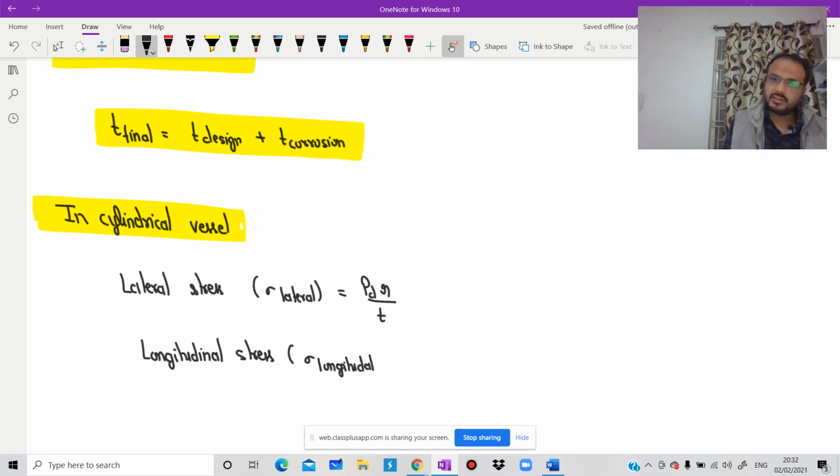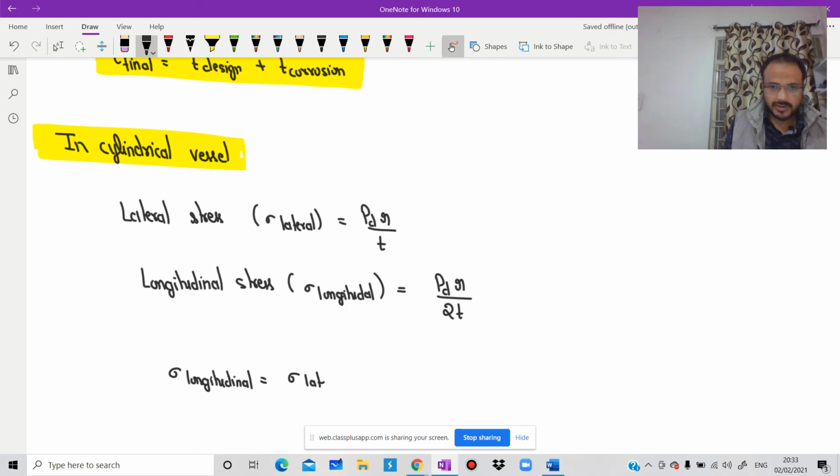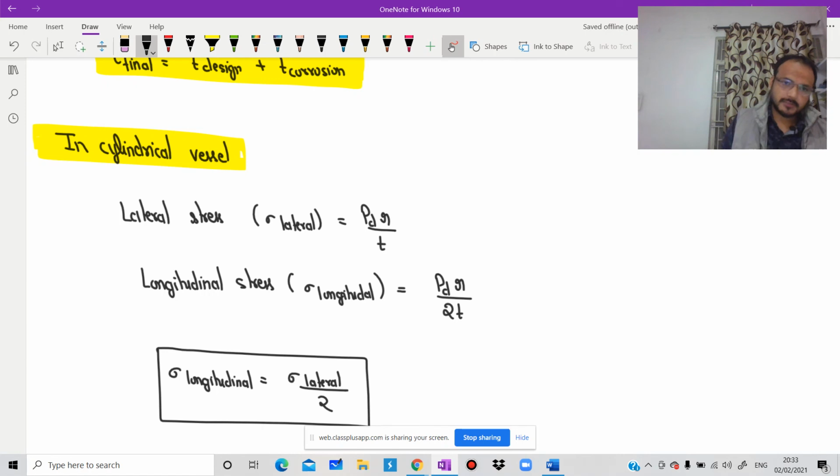We have already done PhD on all these topics. It is PD divided by 2T. They asked this question 3 times in GATE exam. Sigma longitudinal is equal to sigma lateral by 2.